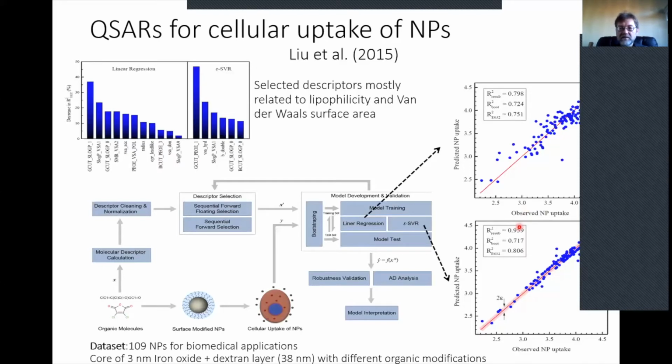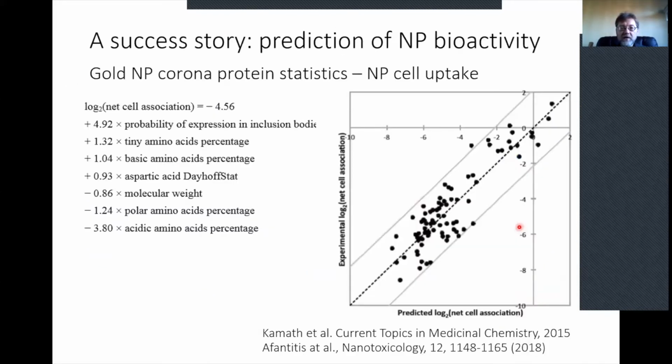So that sounds promising. And another one is a prediction of cell uptake based on protein corona statistics. Here, the corona of gold nanoparticles was measured, and then statistics of different protein properties included in the corona were calculated. And you see, the average amino acid percentage in those proteins adsorbed to nanoparticles, or molecular weight, are predictive of cell uptake.